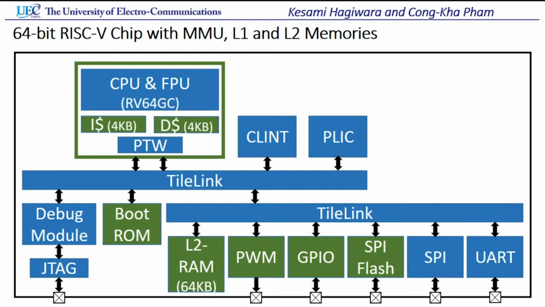This slide shows the block diagram of the chip we developed. We used the SiFive Freedom platform as the base design, and we modified and added some green boxes in this diagram to the original design.